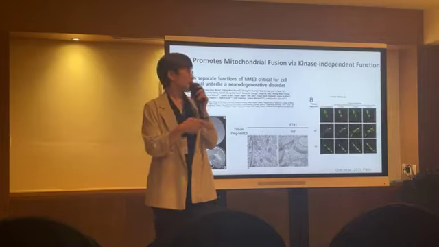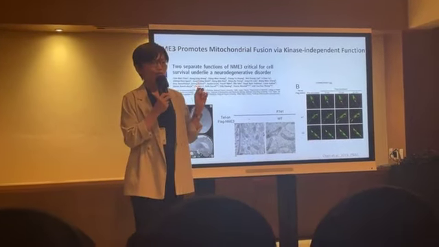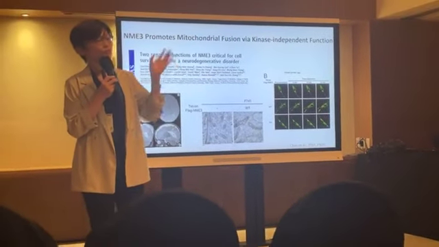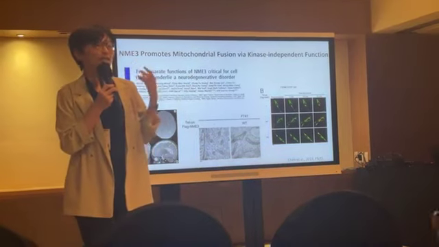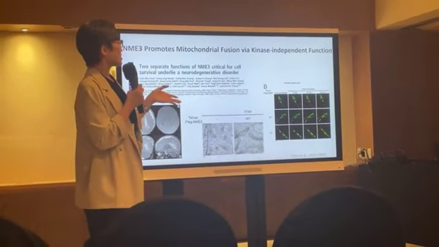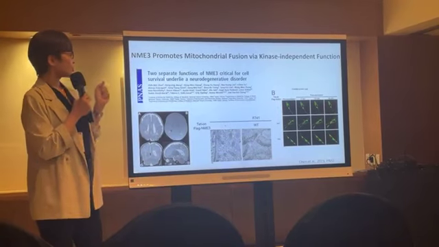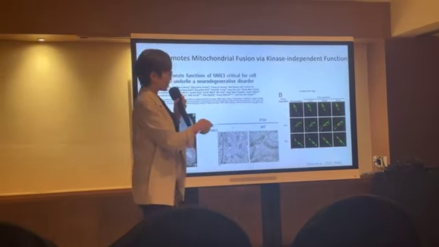This is because of a function of the enzyme that is not its kinase-dependent function. I already mentioned that this is a GTP-producing enzyme, so it produces GTP using its kinase activity. Yet for its function in promoting mitochondrial fusion, it acts in a kinase-independent manner.